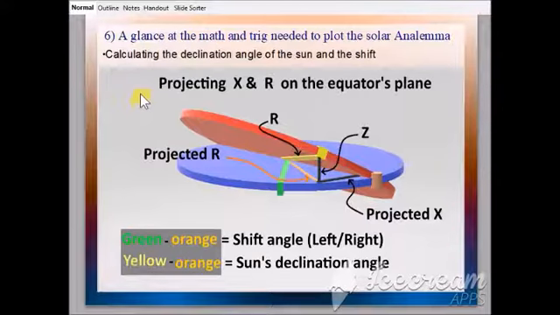So now we're going to calculate the declination angle and the sun shift at the same time. We already got the sun shift, but we can see it here again. So we have the projected x, and we have the original x.